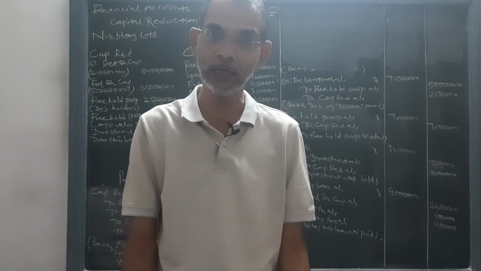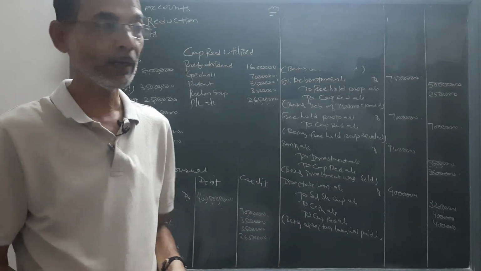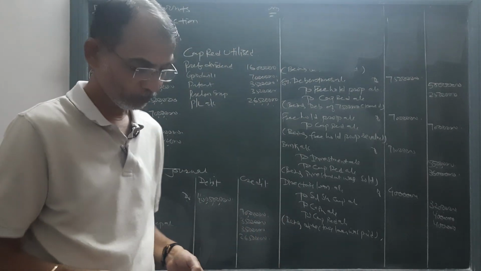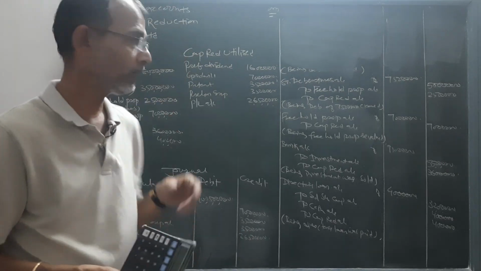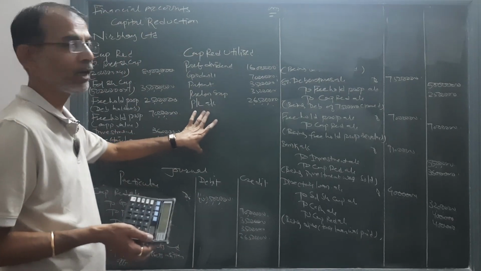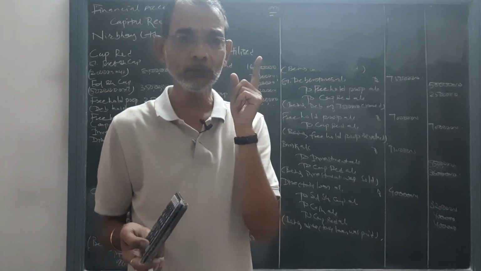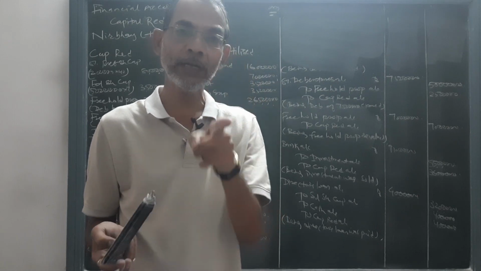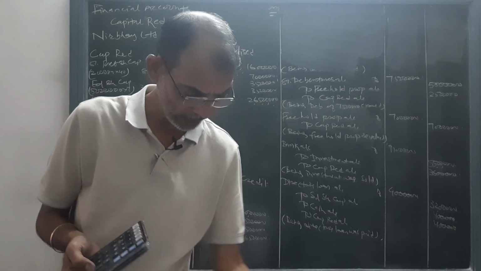If you forget, then there may be a problem. Now it has been said that the balance amount of the utilization is to be taken to write off stock and plant.